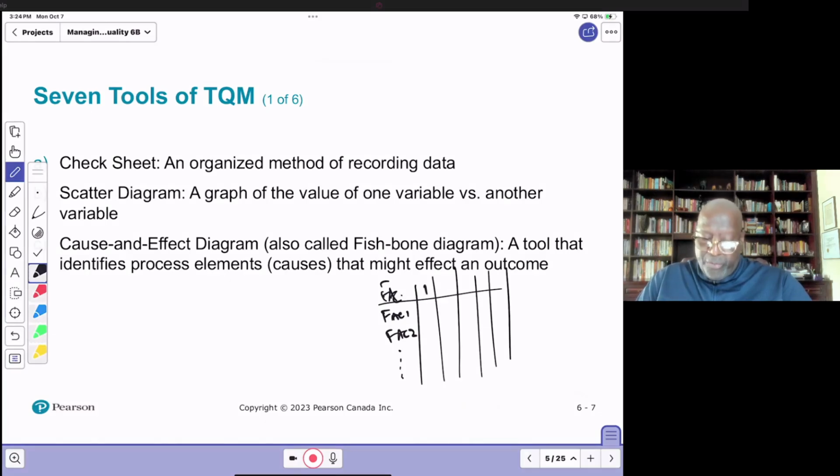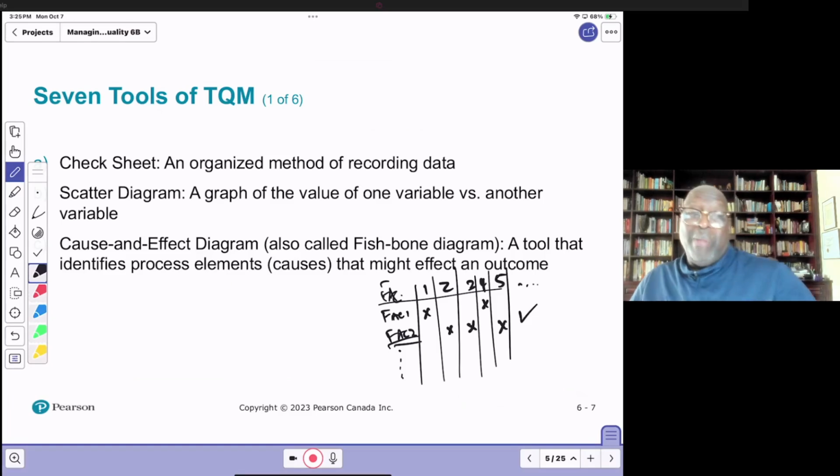If we conduct an inspection or a situation happens, and the factor causing the problem in the first case was this, then we would highlight that. If in the second case it was this one, third case it was this. So now in 3 out of the 5 cases, we had this particular factor. We might say that if we could address this particular factor, we will deal with 60% of the cases. But that's a very small sample.